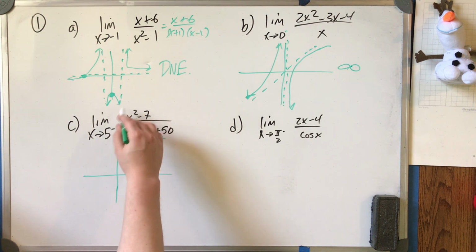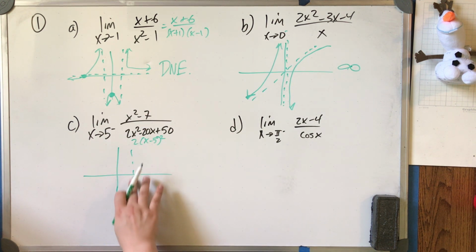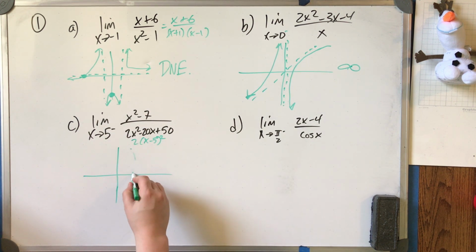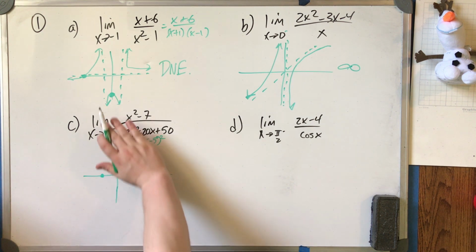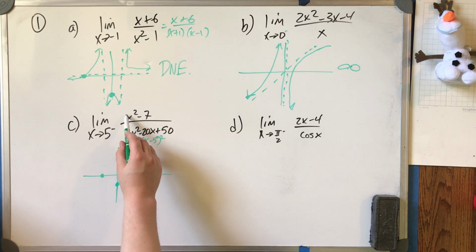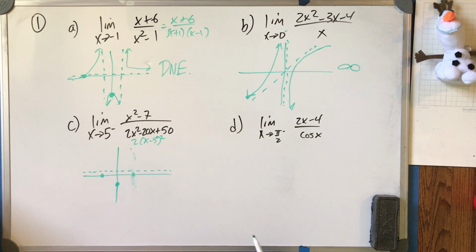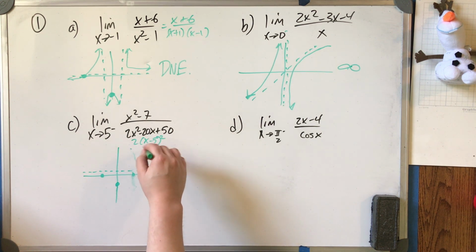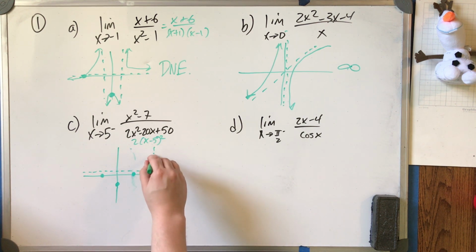I'm going to have asymptotes at square root of 7. Not asymptotes, sorry, my bad. Intercepts at square root of 7 and negative square root of 7, wherever those are, I have no idea. I have a y-intercept of -7 over 50, so that's somewhere down here. I have an end behavior asymptote at 1/2, that's chilling right there, and then I have this even multiplicity at 5, which I know is bigger than square root of 7, okay?